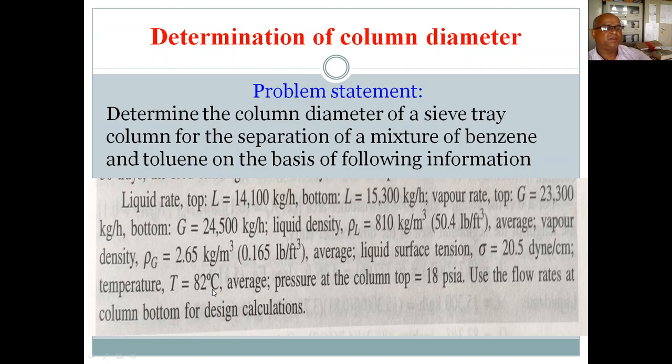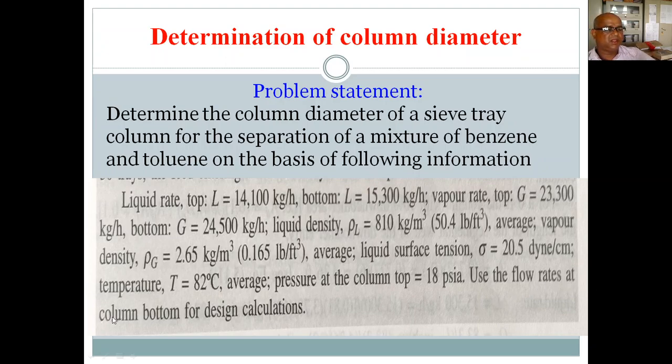Temperature of the column is 82 degrees. Average pressure is 18 psi. Generally, 14.7 psi equals 1 atmosphere. So if the column is open to atmosphere, inside it is a little bit higher, that's 18 psi.